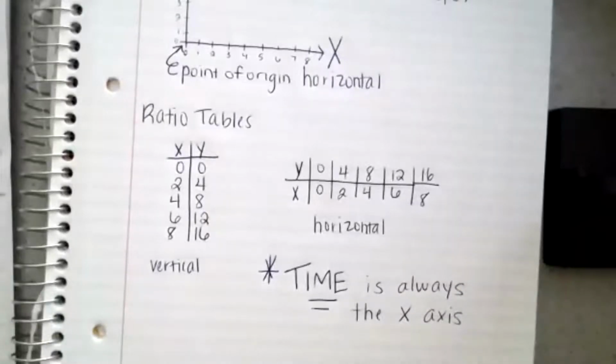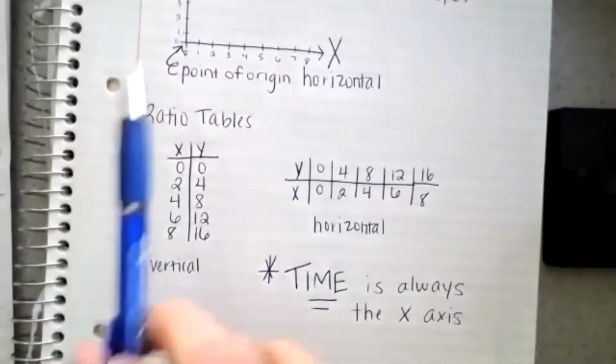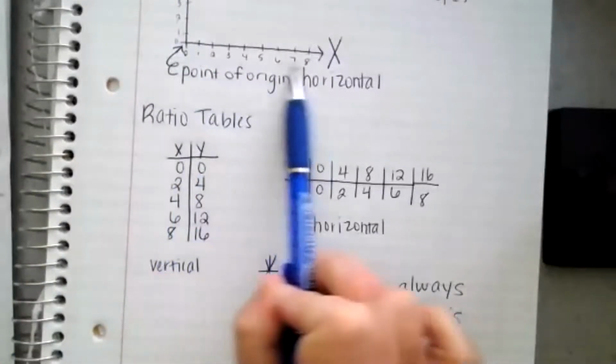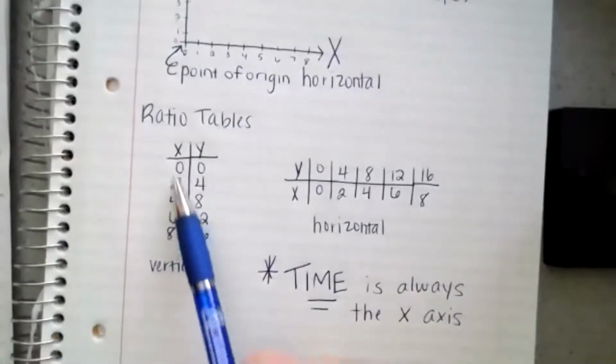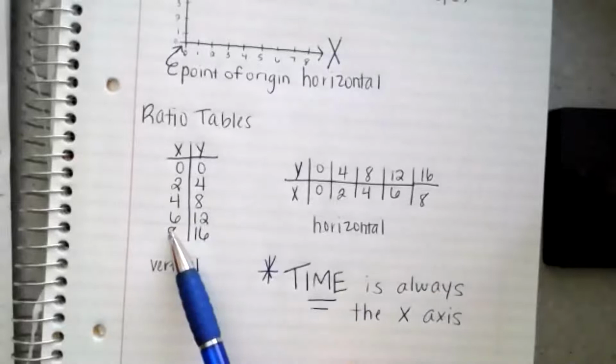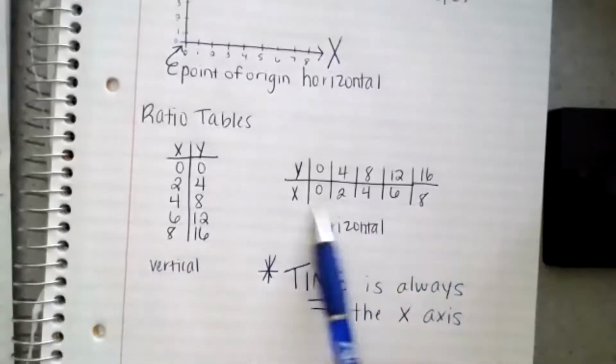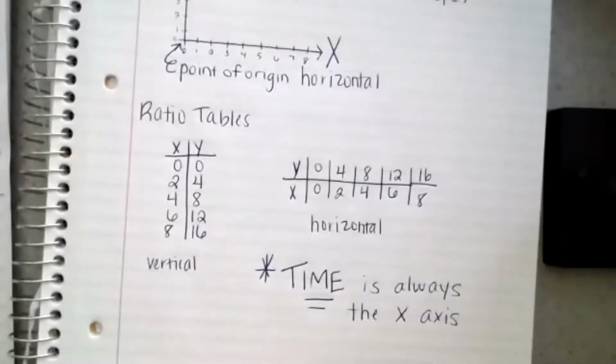So if you're doing a problem that has time in it, I guarantee you it's always going to be the x-axis. There's no other option. So it will always be graphed on this horizontal axis. It'll always be on the left-hand side of these vertical ratio tables, and it'll always be on the bottom on these horizontal ratio tables.